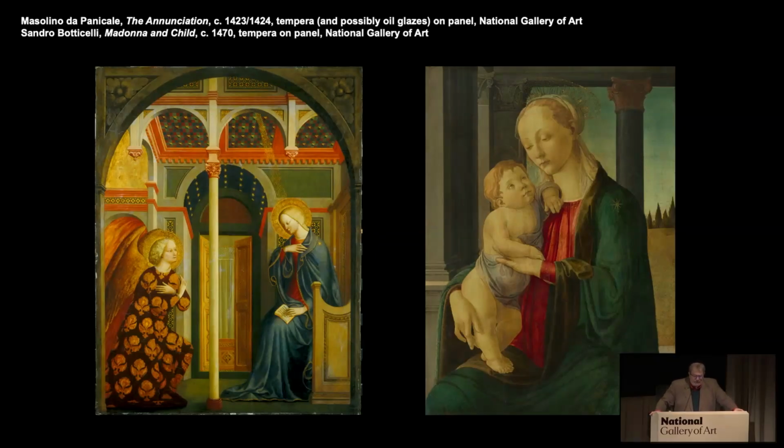Mary is often referred to as the star of the sea. You probably know that term, Stella Maris. In the early days of Christianity, she's a protector of Christians, although they weren't referred to as Christians. It was the Jesus movement initially.